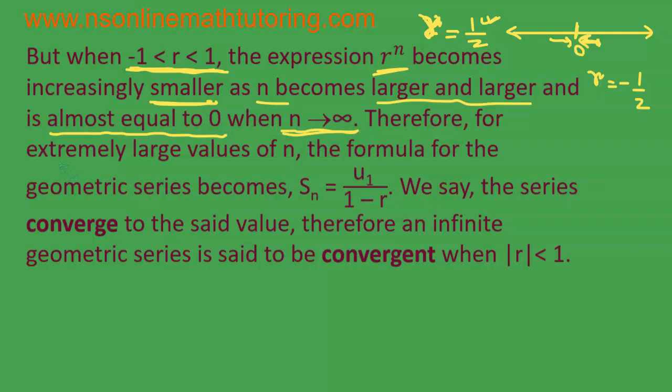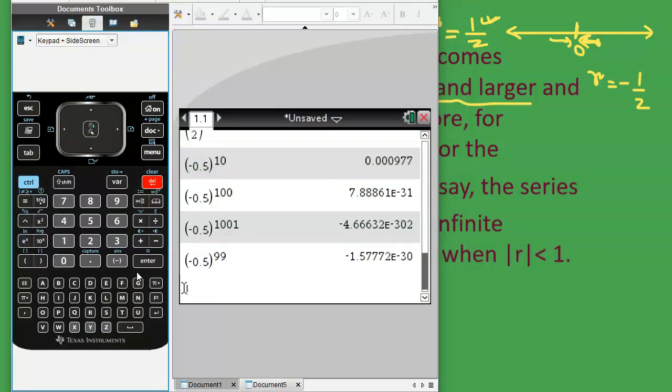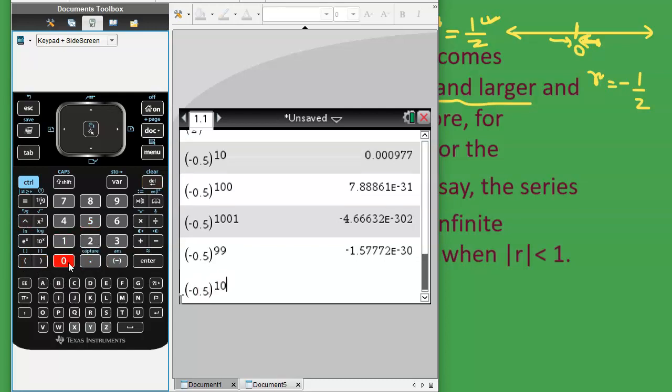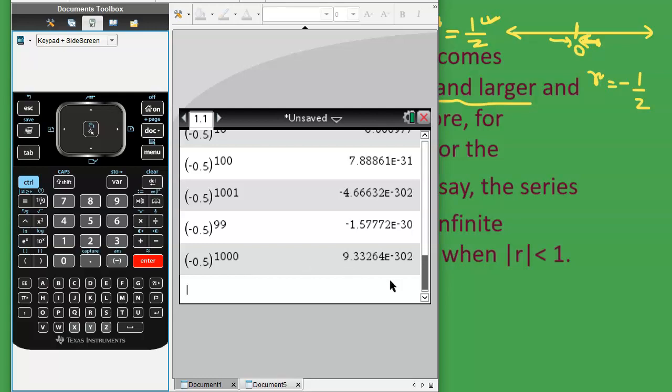Therefore, for extremely large values of n, let us take 10,000. So it is negative 0.5 to the power of 10,000. Let us try to find the value.